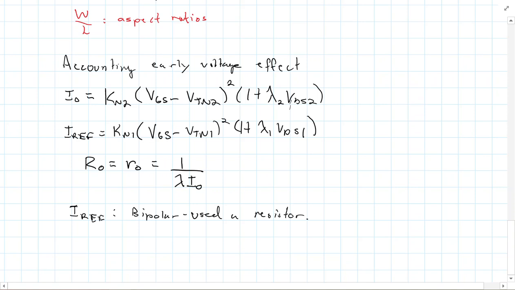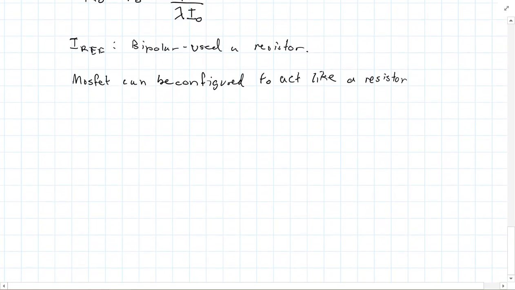Which is great, nothing big deal about this. But what's cool about a MOSFET is that it can be configured to act like a resistor. And that might seem a little weird, but we're going to go through this and look at this.